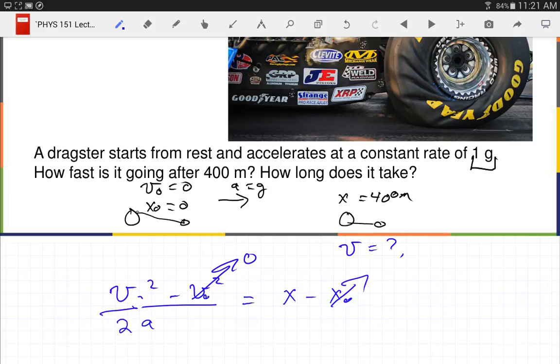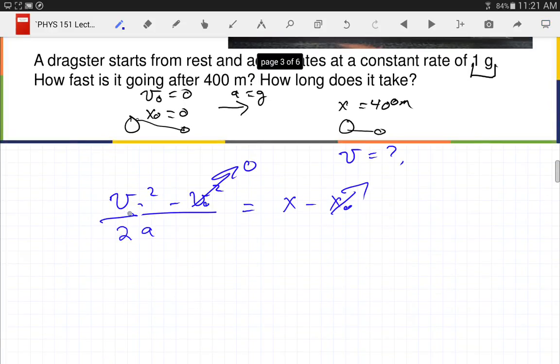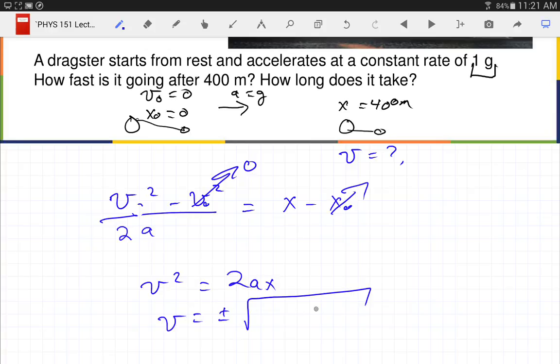The x initial was 0. And I want to find the v, so just solving by multiplying both sides by 2a. v squared equals 2ax. And that's how I would find the final speed.